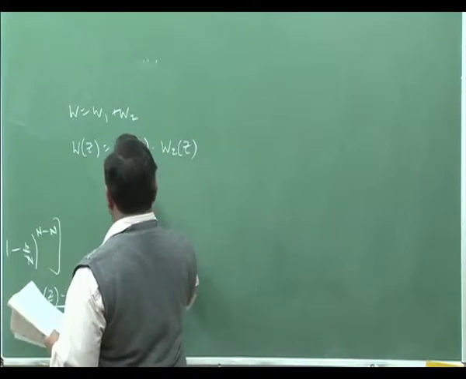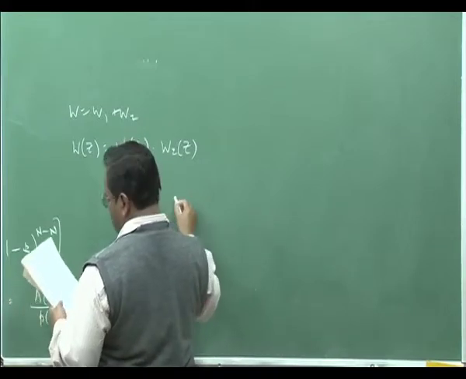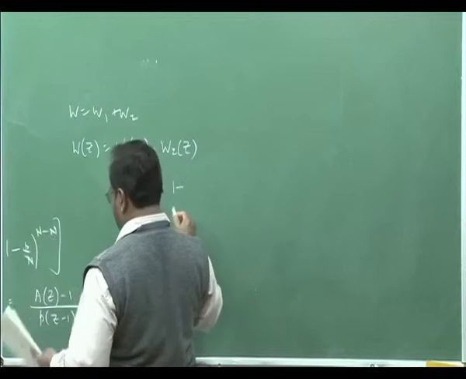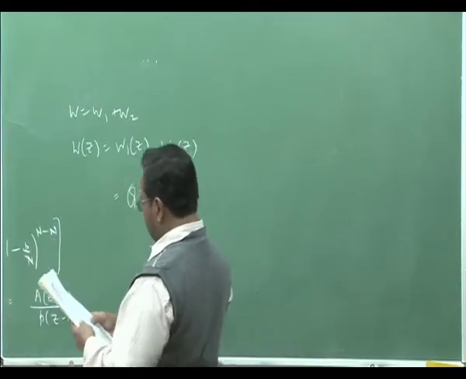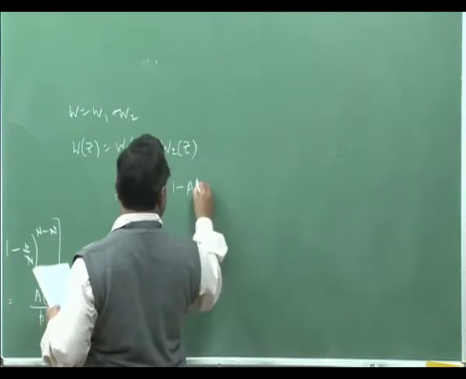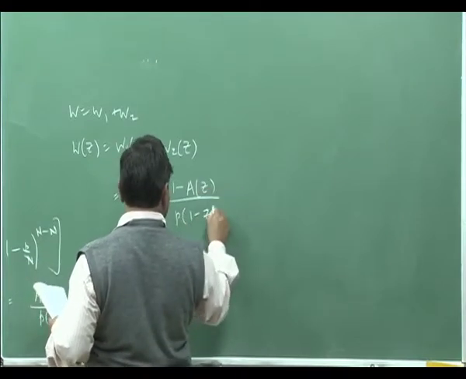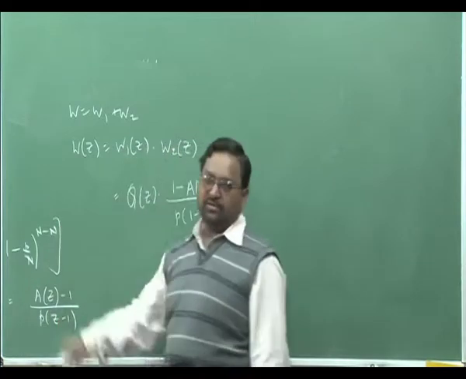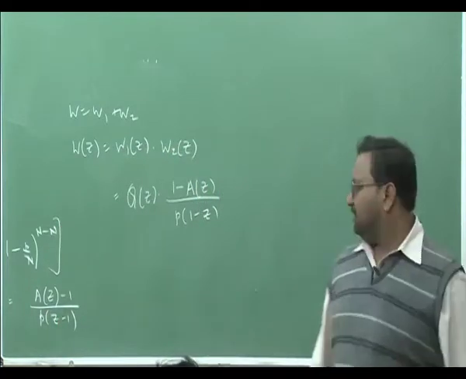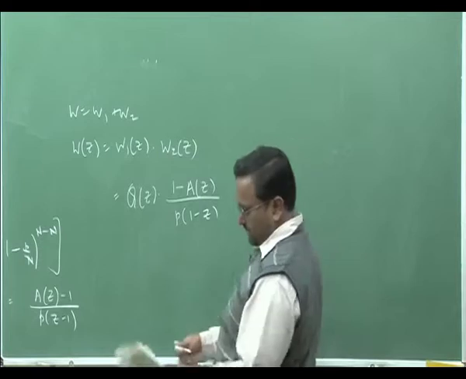So this actually means you will have Q of z, 1 minus A of z, P 1 minus z. I have actually taken 1 minus z, so upper one is also 1 minus A(z). So that will be the final PGF.